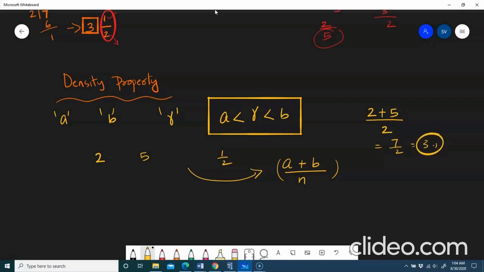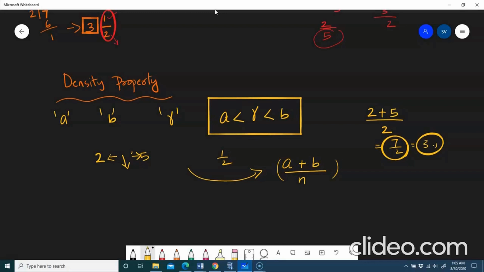So 3.5 is coming in between 2 and 5. So we can say that our answer is correct, because we can represent 3.5 as 7 divided by 2. That is a fraction, so it itself is a rational number.